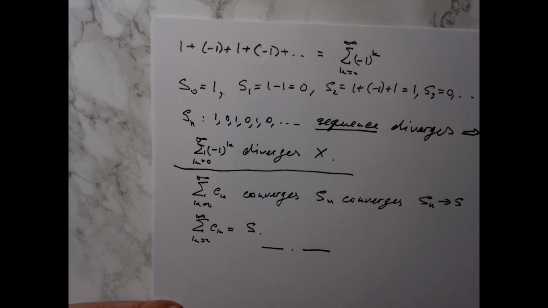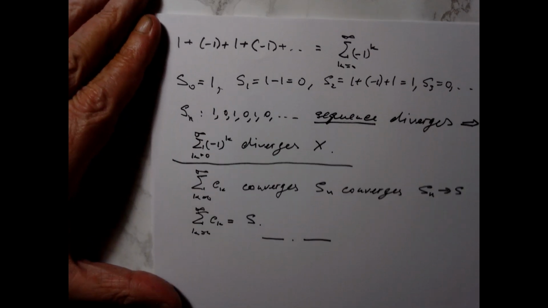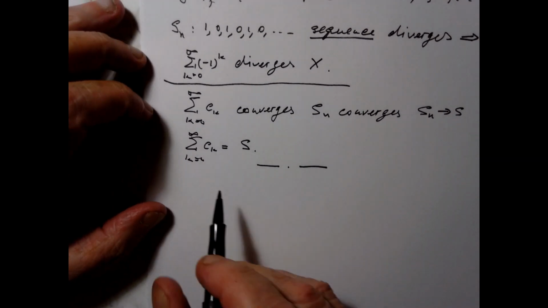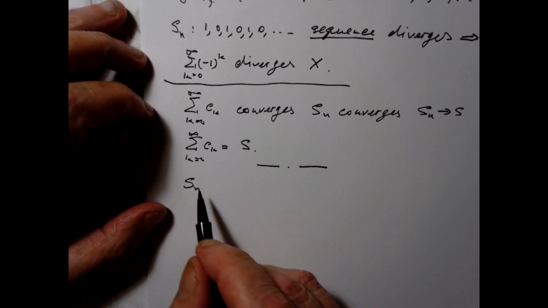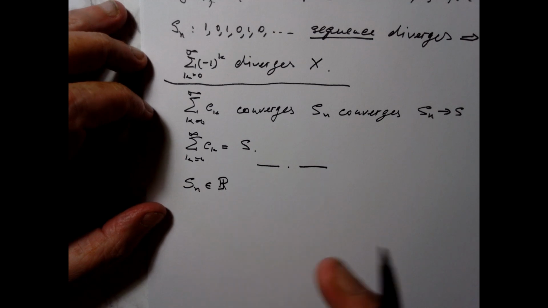Okay, so let's start with a few preliminary, very simple results. Suppose that I have a sequence Sn. Now remember, this is a sequence of partial sums, a sequence of real numbers.